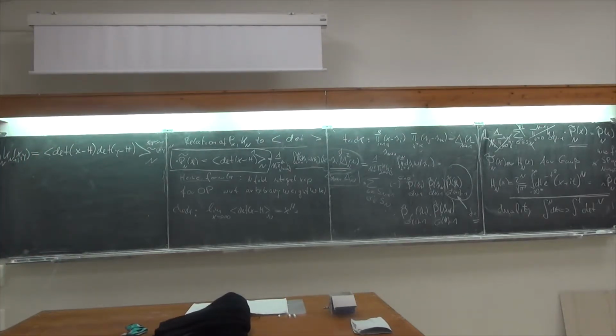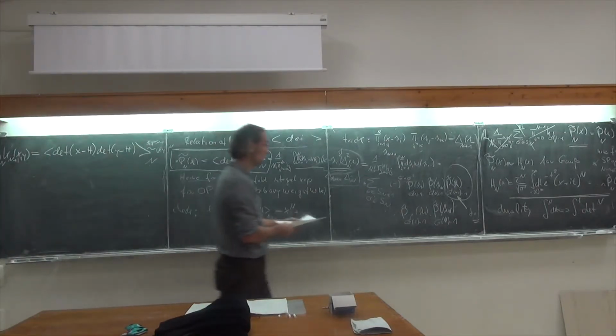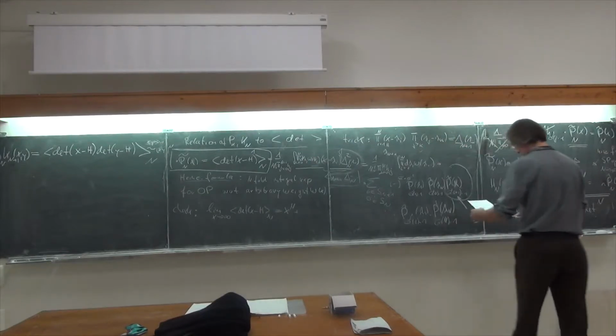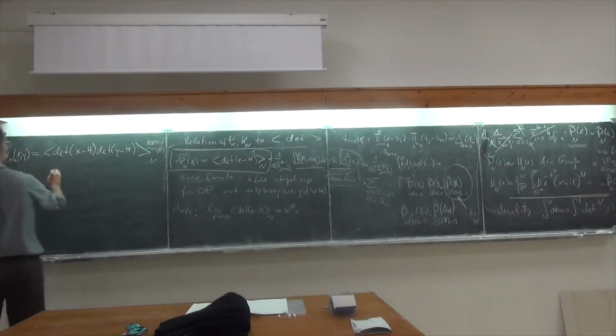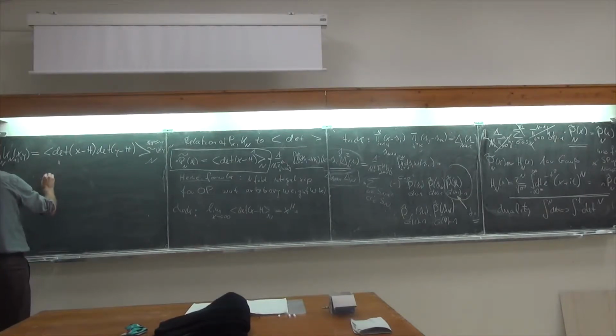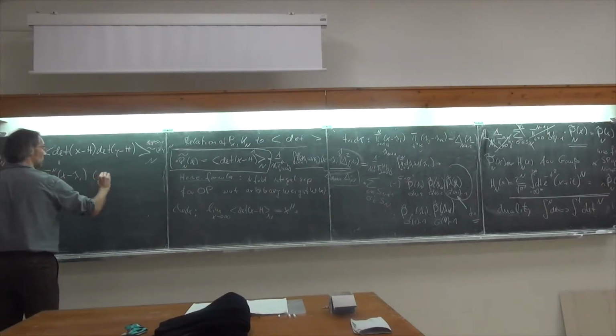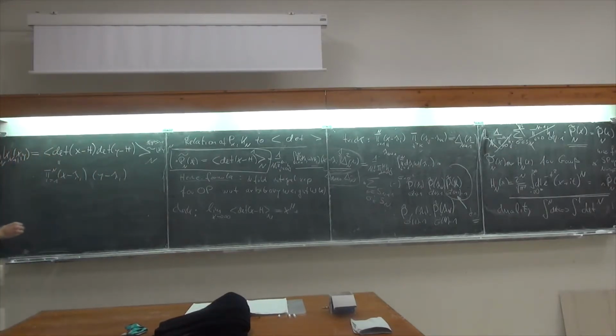Now the proof goes actually the same way as here, so maybe I don't have to explain that in detail. So this here will give the product from 1 to n of x minus x_i, y minus x_i, just by diagonalizing.